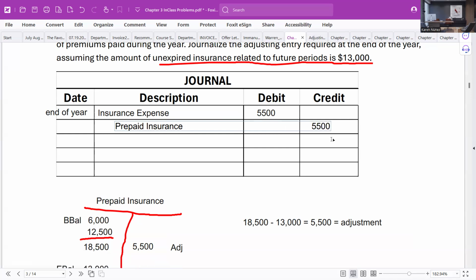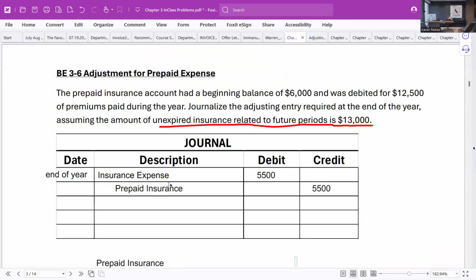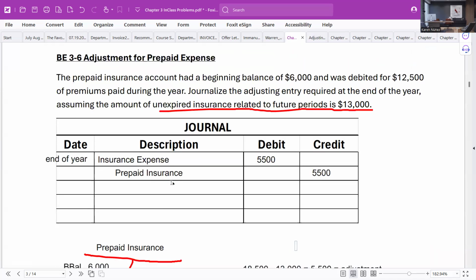And now that's our adjustment because that credit of 5,500 brings this account down to $13,000. And that is an adjustment for a prepaid expense. Okay, next.